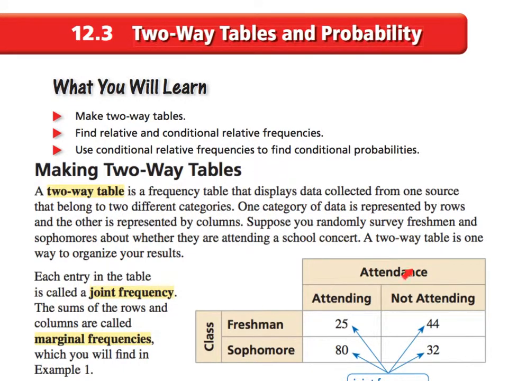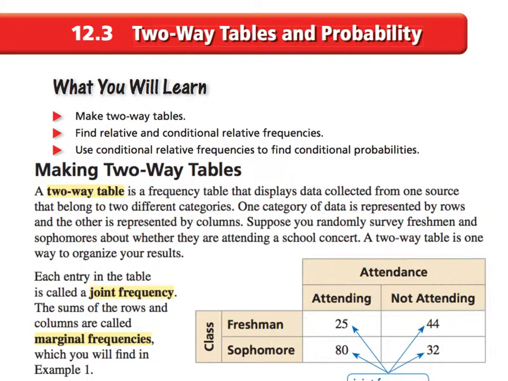Here it is. Attendance and class would be your two different categories, and each category has two different things. So attendance is either attending or not, class is freshman or sophomore. Each entry, this is important because we're going to be doing a lot of the same type of vocab. Each of these entries are called joint frequencies.